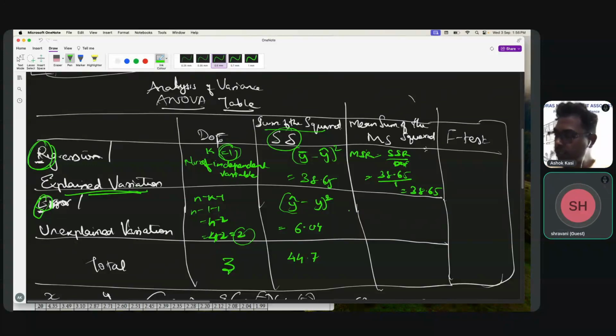Then MSE is SSE divided by degree of freedom. So SSE is 6.04 divided by 2. Just calculate this. 3.02.